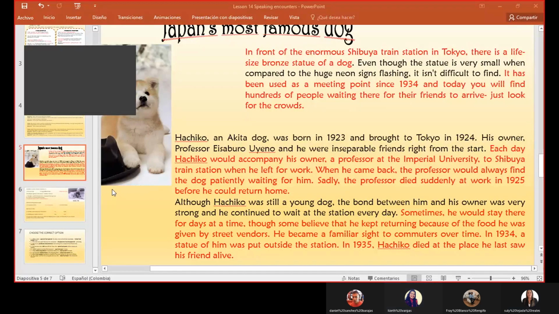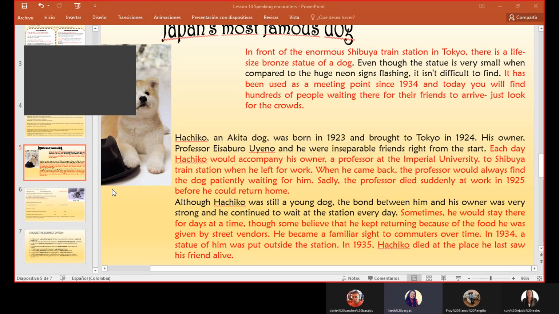His owner, Professor Eisaburo Uyeno, and he were inseparable friends right from the start.